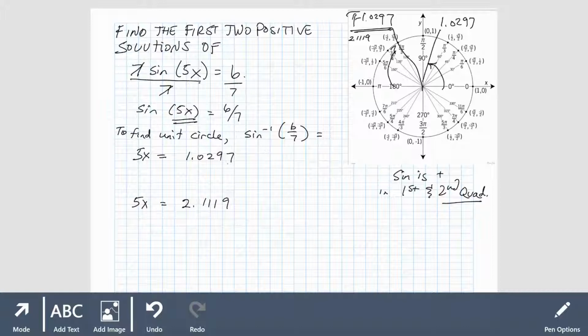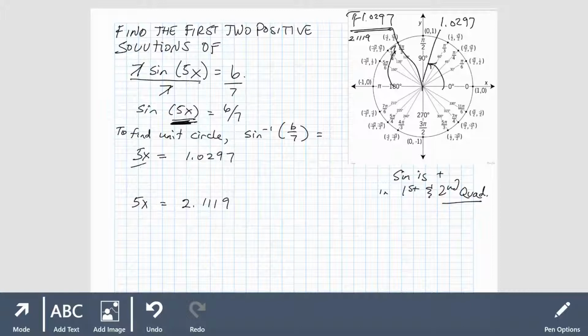That gave me a first quadrant answer, and then I had to use the fact that sine is positive in the first and second quadrants to figure out what the second quadrant solution was. Now, these were the values that came out from the unit circle. However, because what was inside the trig function was 5x, these values from the unit circle are not my values for x. They are actually what 5x is equal to.